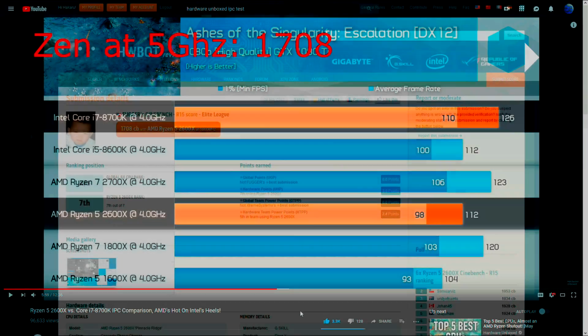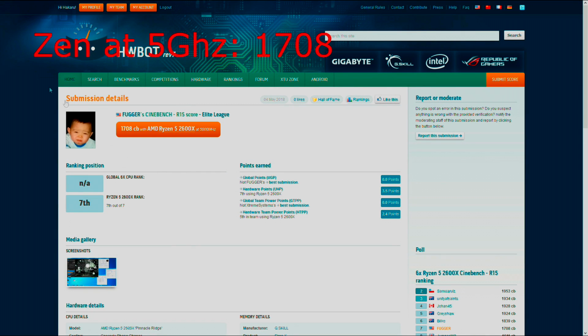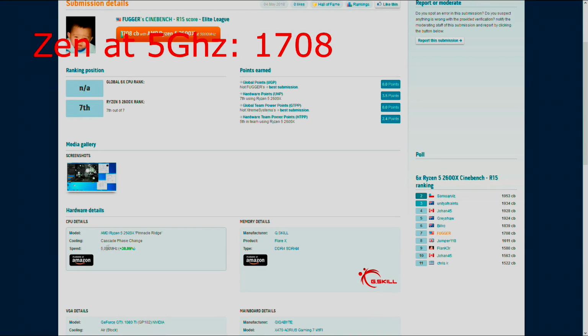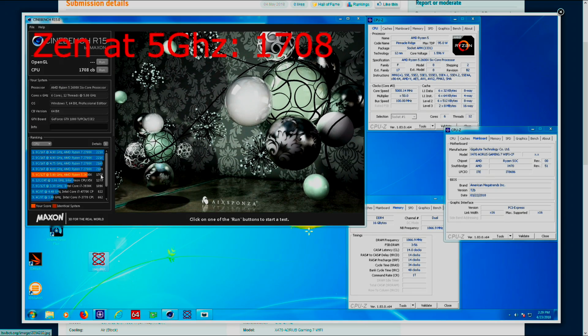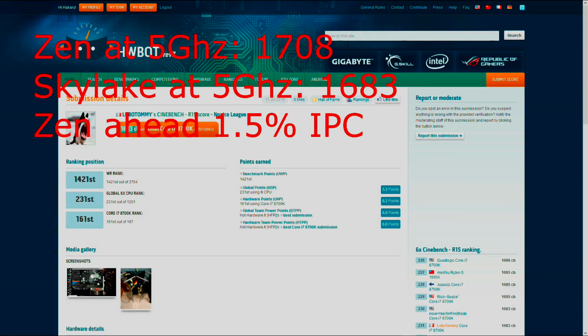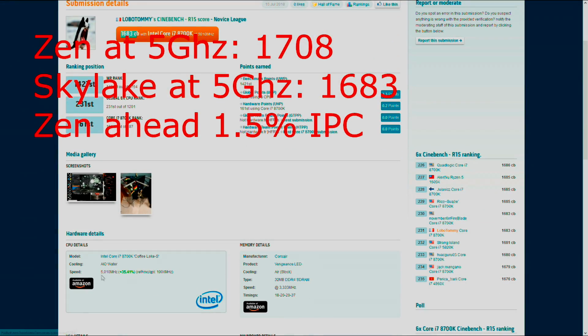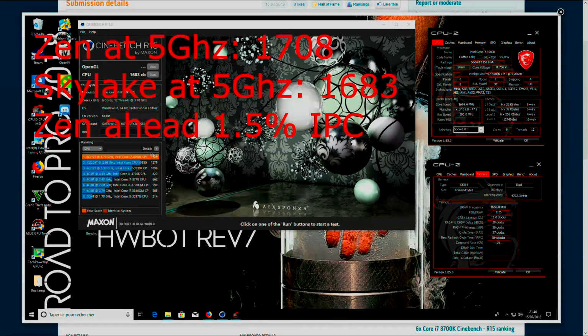A real example is these two Cinebench runs, a Ryzen 5 2600X at 5 GHz with 6 cores and 12 threads up against an i7-8700K also at 5 GHz, 6 cores and 12 threads, with the AMD CPU pulling ahead by 1.5%, well within run-to-run variance, effectively demonstrating the same IPC.